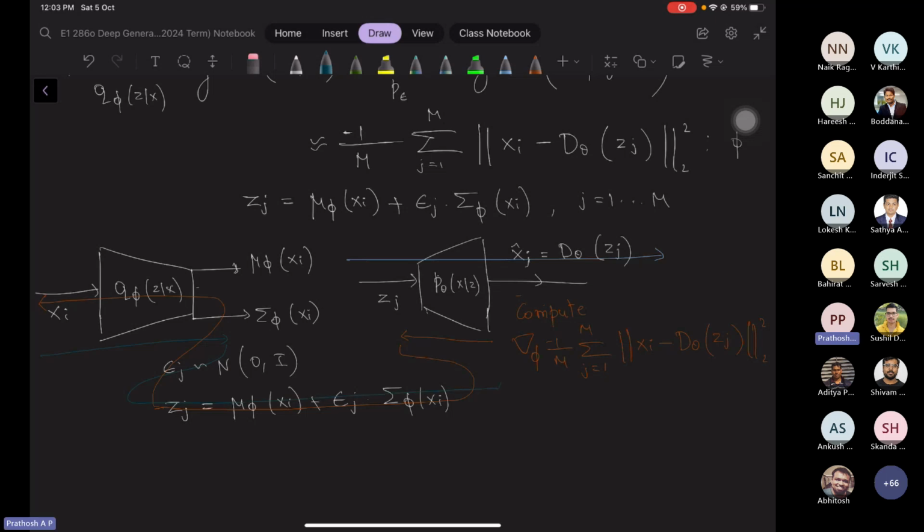Sorry, I think I changed the color. Hold on. This is the color. You come like this, and from here, go like this. So once you get this, then you pass like this. This is the forward pass and this is the reverse pass.